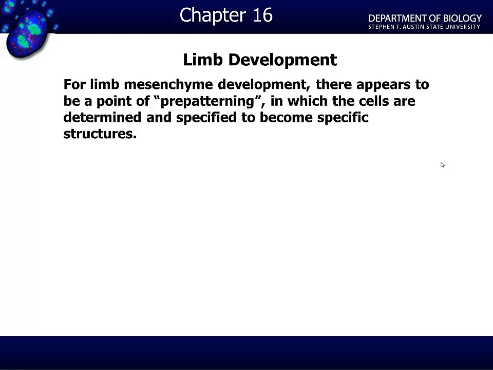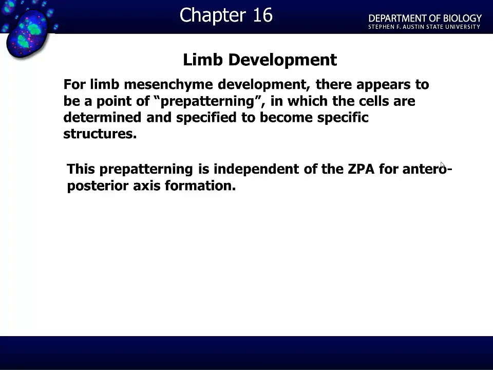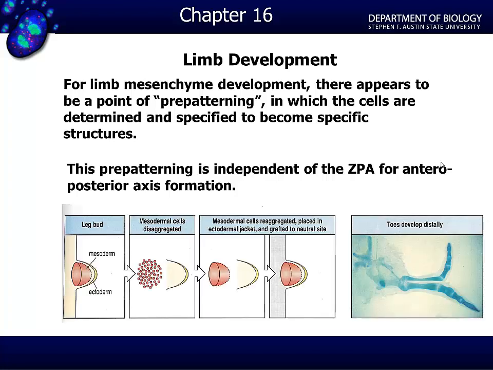But we see that the determination and specification happens fairly early, and it appears to be independent of the ZPA for this anterior-posterior axis formation. Certainly when we transplanted the leg tissue into the wing progress zone, we still got leg tissue, but it was distal. They weren't proximal structures. So again, we're getting glimpses of the big jigsaw puzzle, but not everything together.